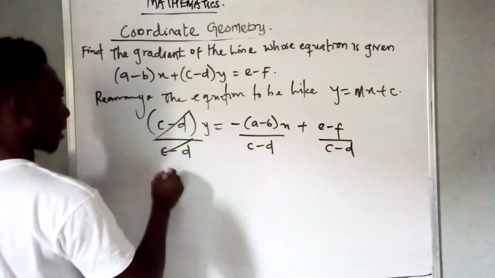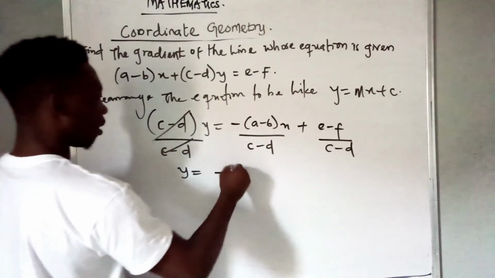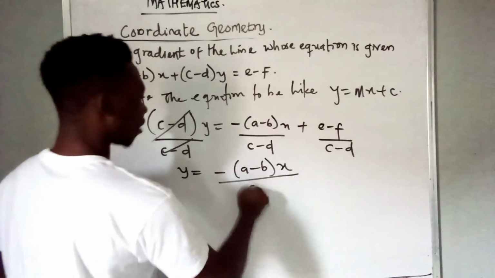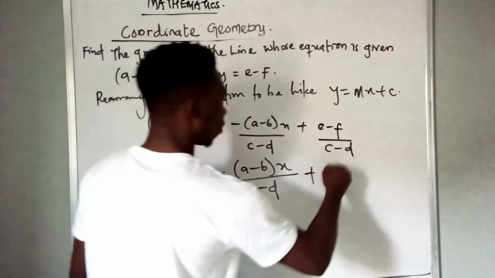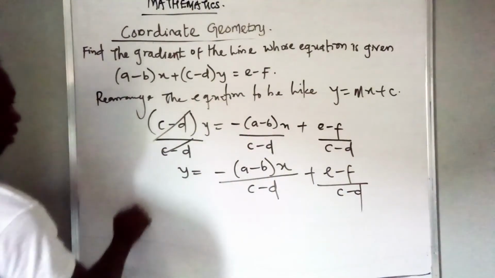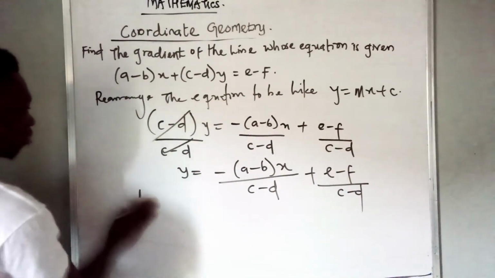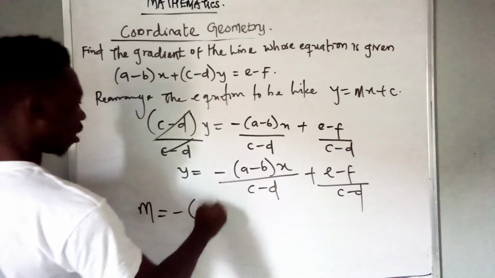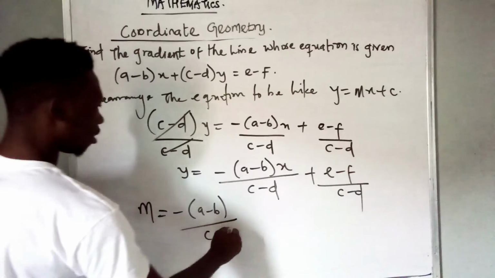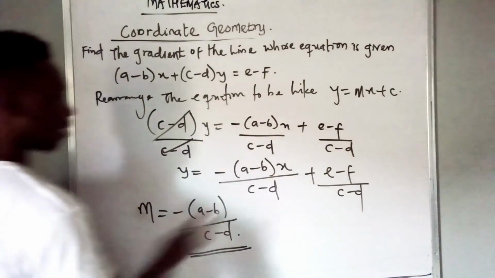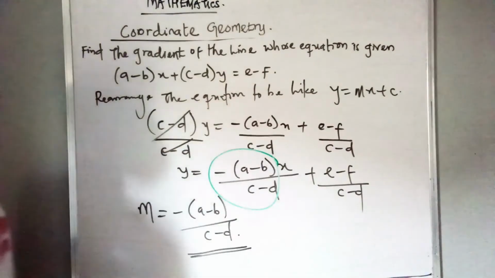So this cancels out. So y here is equal to minus (a minus b)x all over c minus d plus (e minus f) over c minus d. So we are asked to find our slope here, which is m equal to minus (a minus b) over c minus d. And that is what we have here as our final answer, your slope.